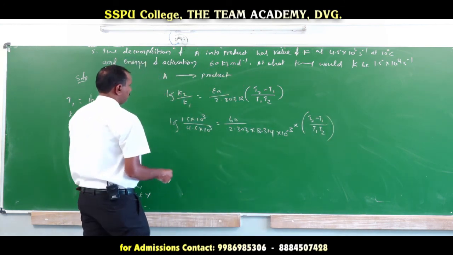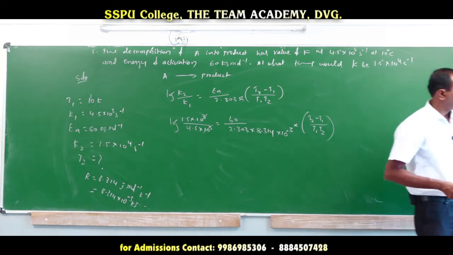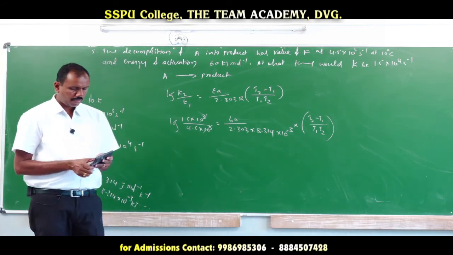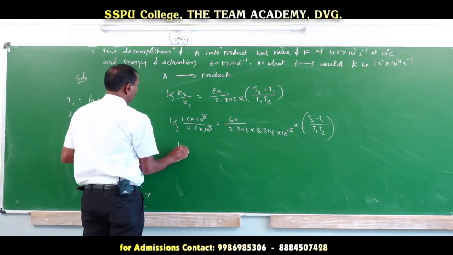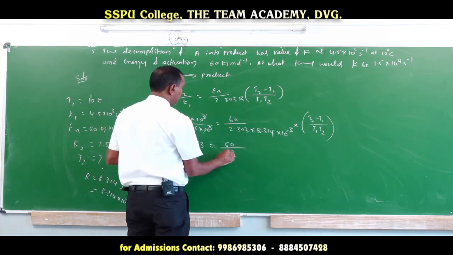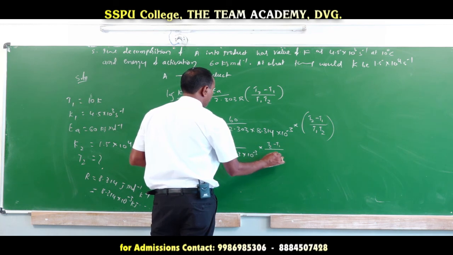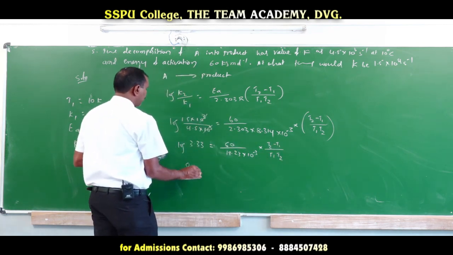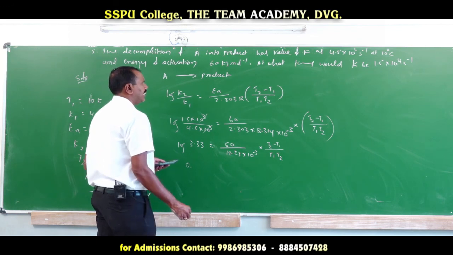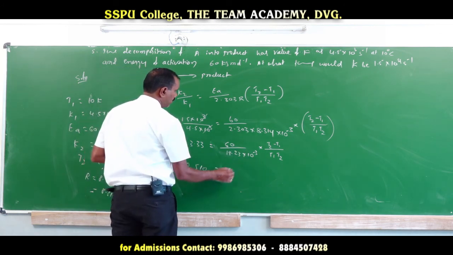Okay. 15 divided by 4.5. Log 3.33. So characteristic 0, and the mantissa 4771, so for 3.33 it becomes nearly 0.51.